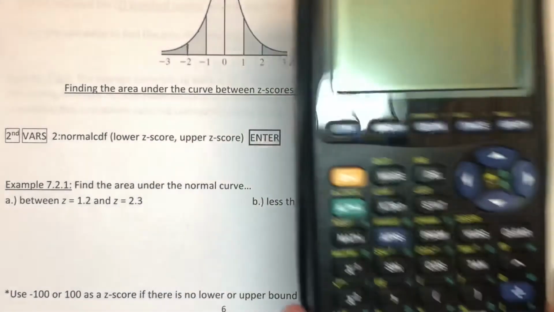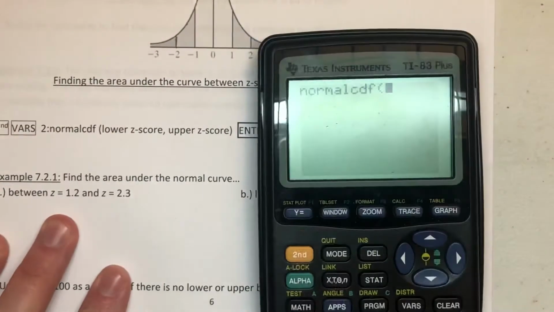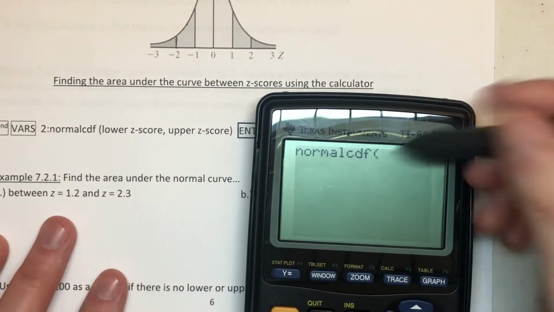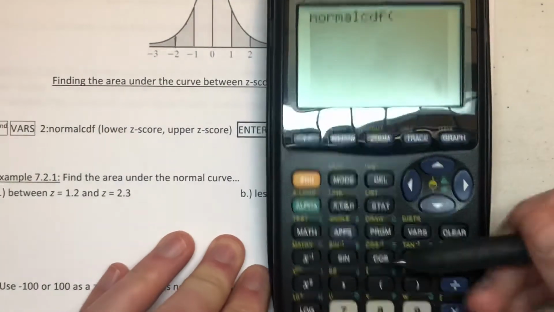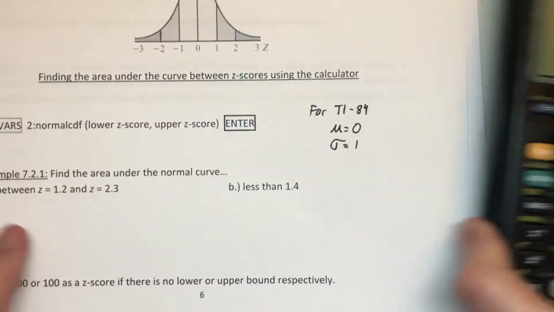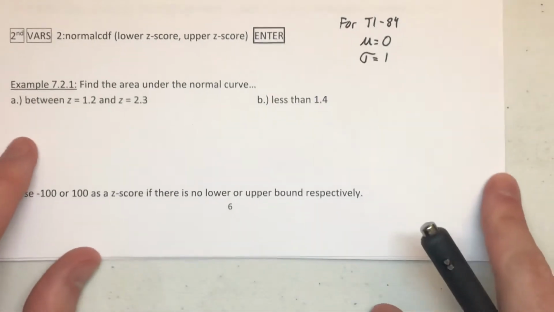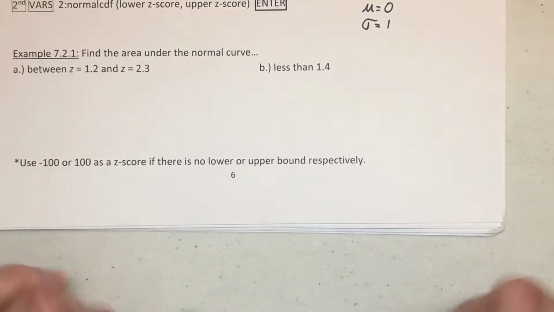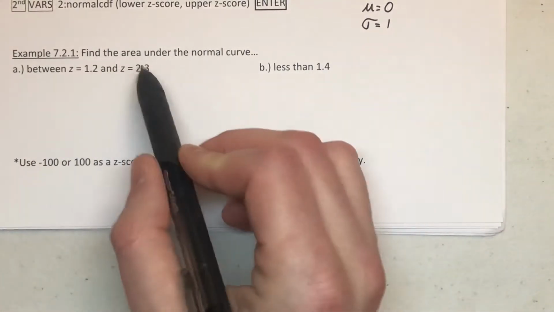Again, those of us who have TI-83s, we don't need to fill in that prompt. This function assumes it, and you just enter lower z-score, and then the comma, and then upper z-score. So to get some quick practice with this function, because it'll be a function you use countless times between now and the end of the semester, the first way it's phrased is just this idea.